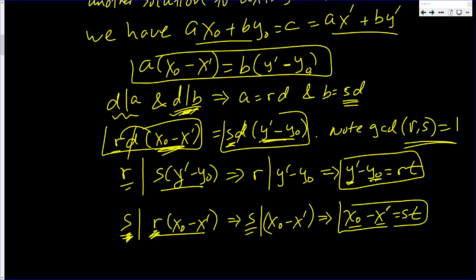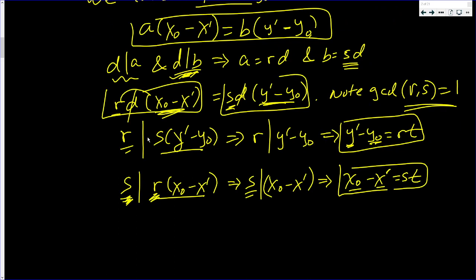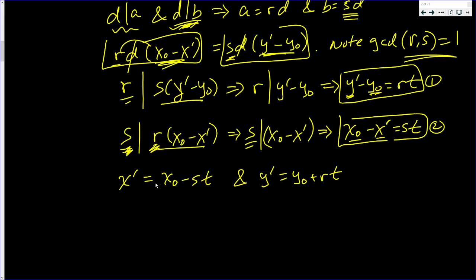So now we have this relationship between x0 and x prime, and above we have a relationship between y prime and y0. Let's call this equation 2 and this equation 1. Equation number 2 tells us that x prime is equal to x0 minus st. And equation 1 tells me that y prime is y0 plus rt. A couple more lines.